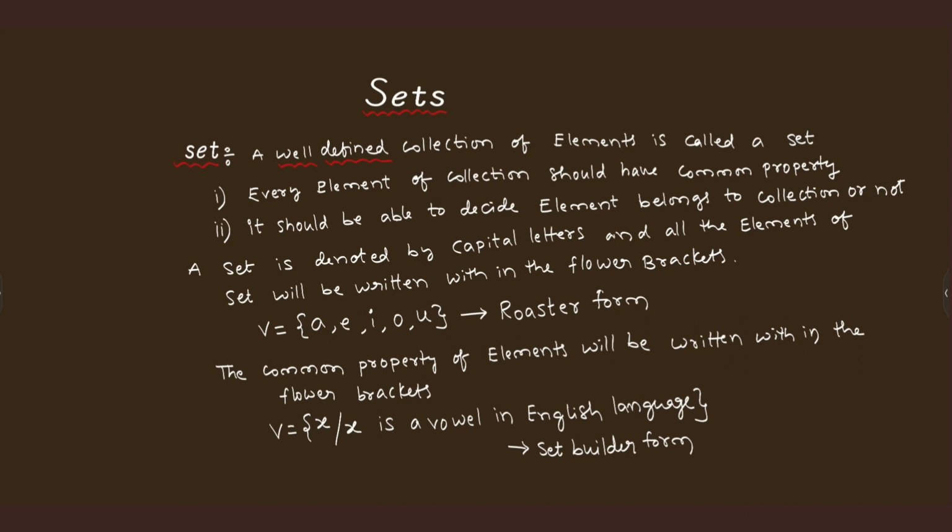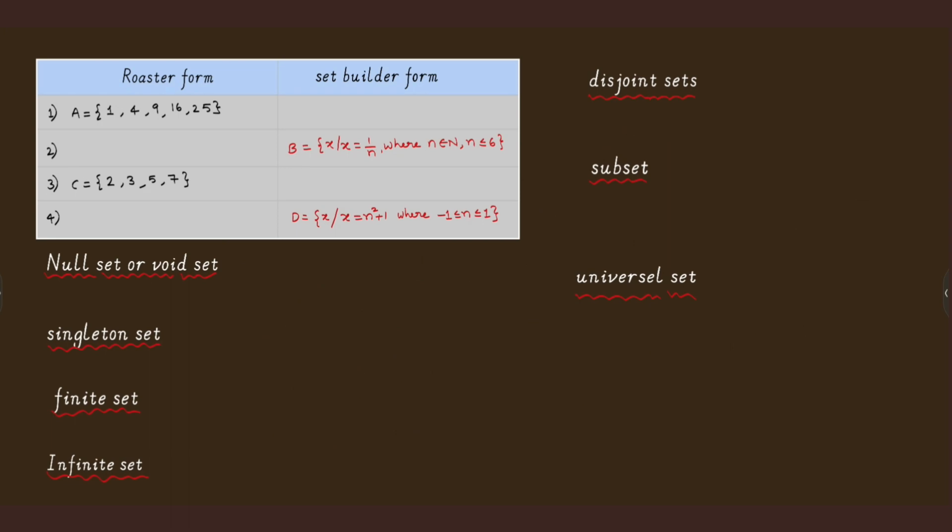Now let's see some set builder forms and roster forms, and how to convert from set builder form to roster form and roster form to set builder form. Here we have a table in which roster form and set builder forms are given. In the first one, roster form is given, and you have to write it in set builder form.